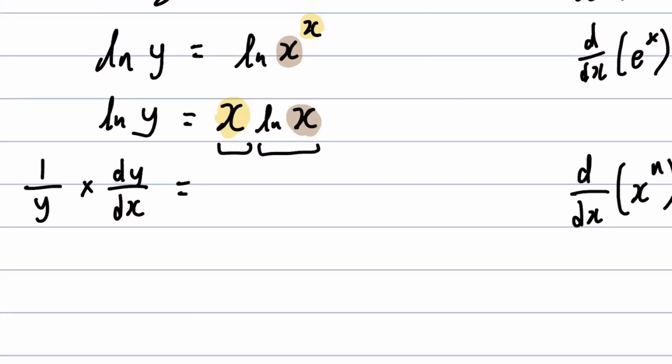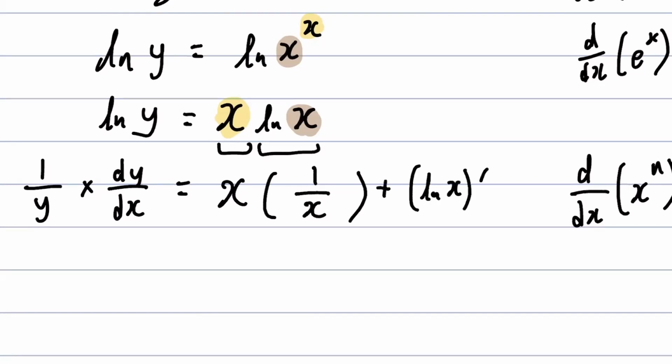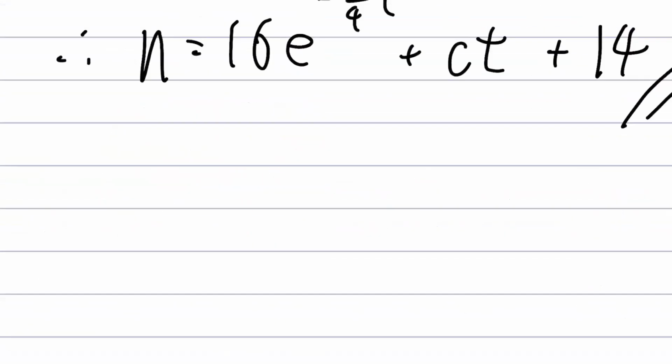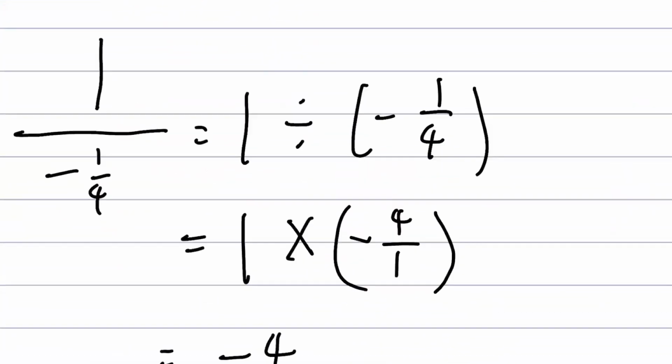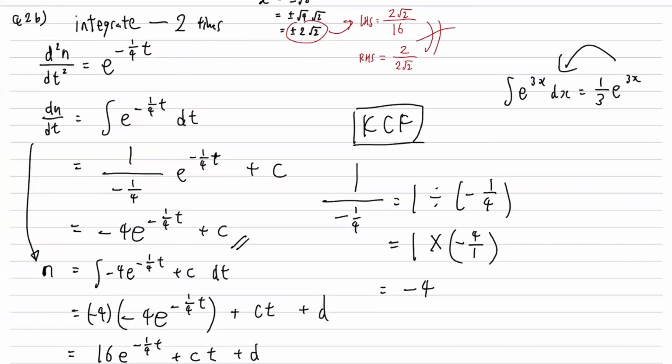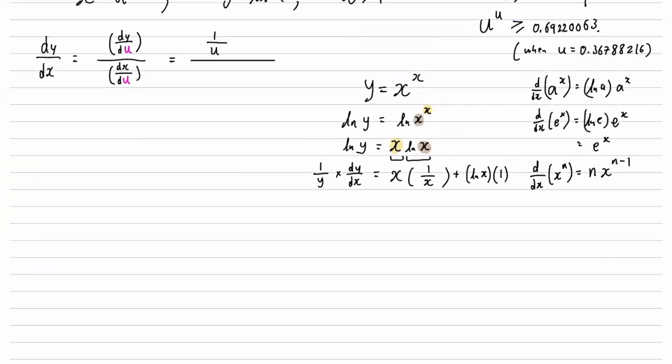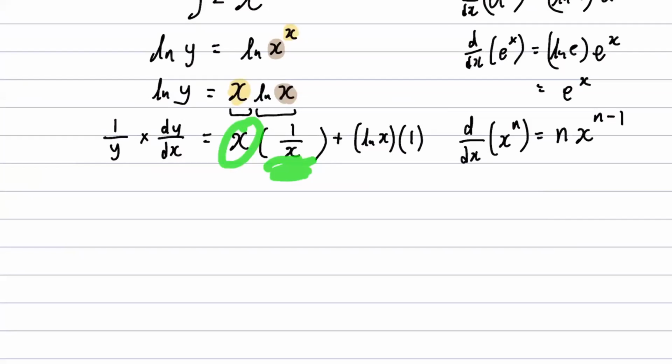Pick the first guy, differentiate the second guy, 1 over x. Plus or minus? Plus. Take the second guy, ln x, differentiate the first guy. Take one, differentiate the other, plus take the other, differentiate one.